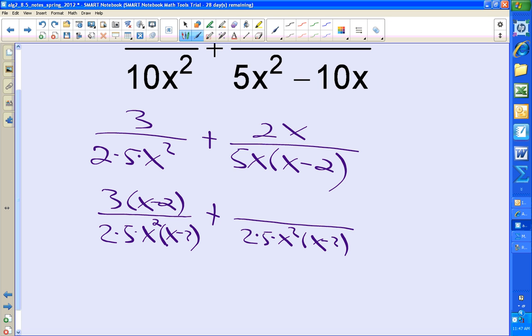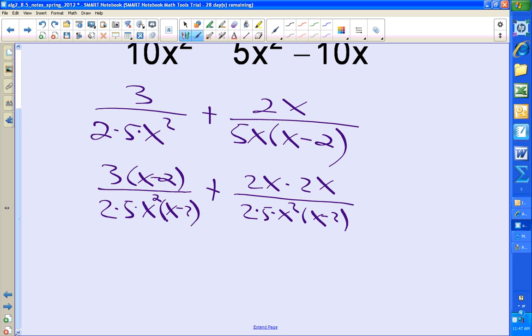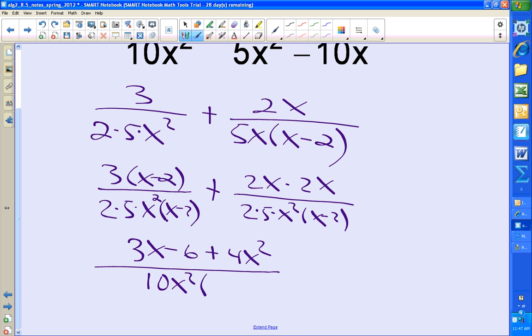And we need an x times x to get x squared. So we're going to have 2x times another 2x. That's going to give you 3x minus 6 plus 4x squared over 10x squared times x minus 2.